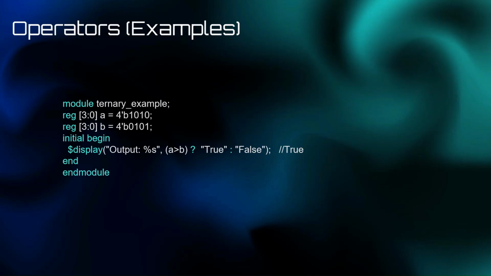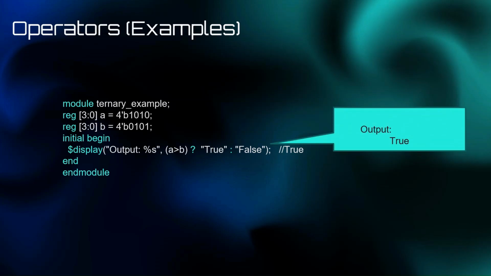Here the condition is A greater than B. If A is greater than B, the expression evaluates to true, otherwise it evaluates to false. Since A is greater than B, the condition is true and the result is true. This result is displayed using the $display function.